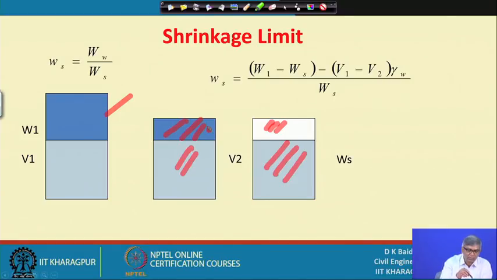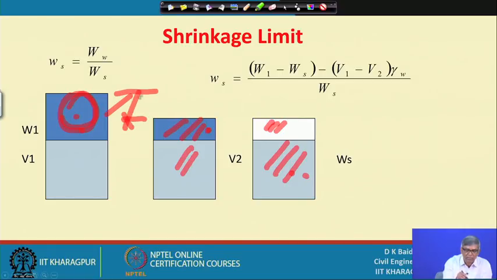So, I can find out this weight minus this weight, that is nothing but Ws. I can find out this minus this, and then I get this water. So, this minus this gives you this water. Then how to find out this water? I can find out this volume.